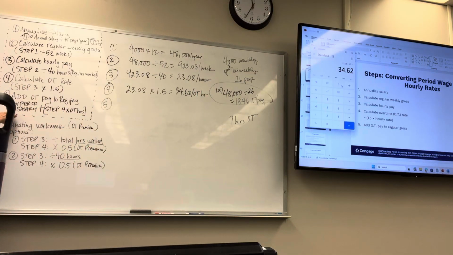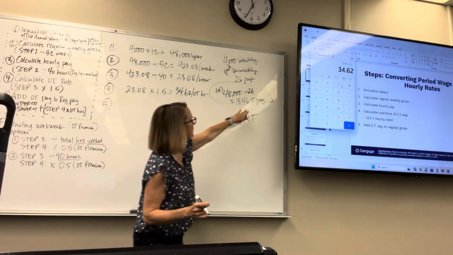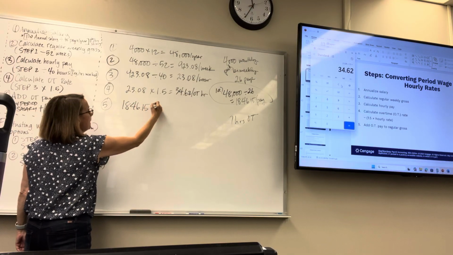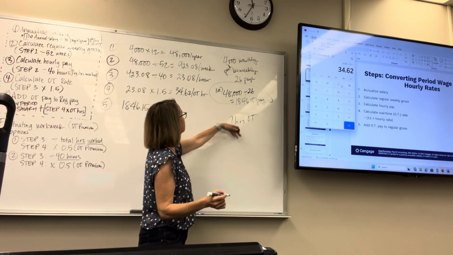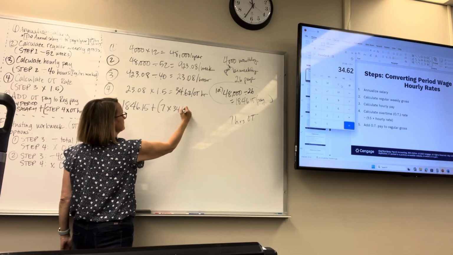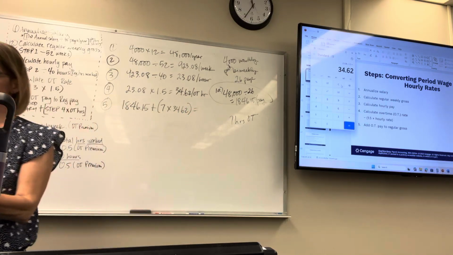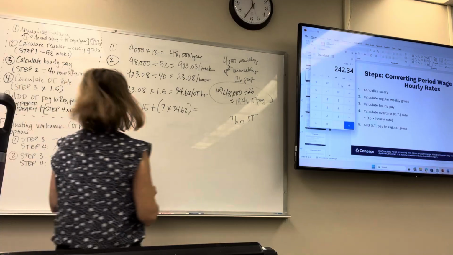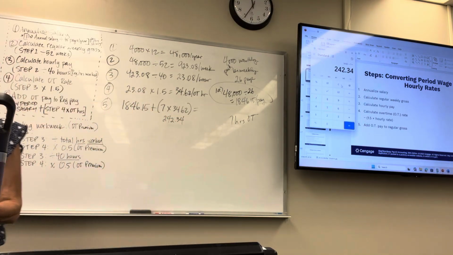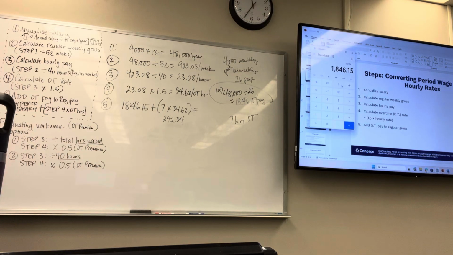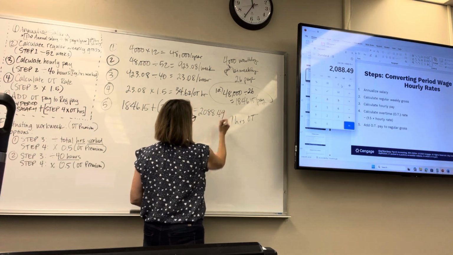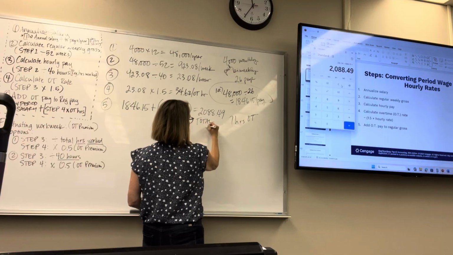Okay, this last step, we're going to take their pay period salary, what we calculated over here, $1,846.15, plus 7 hours of overtime at $34.62 an hour, which is $242.34. That gives $2,088.49 total pay.